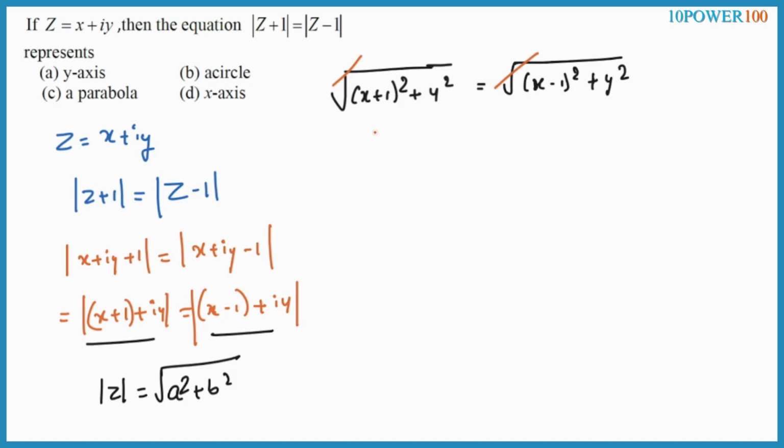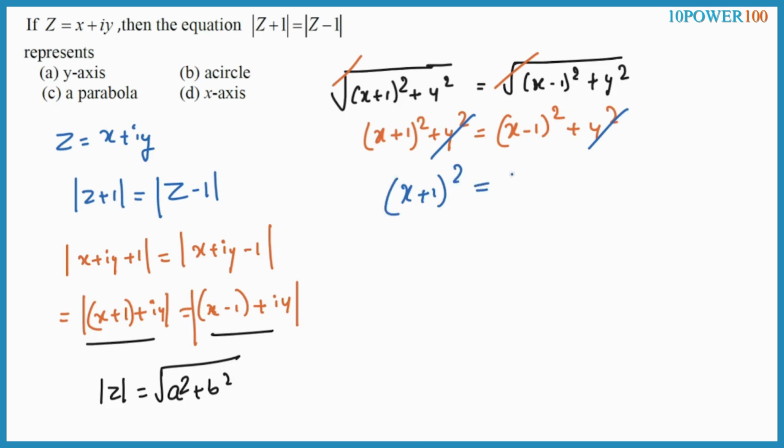The equation that we get after this is (x plus 1) the whole square plus y square is equal to (x minus 1) the whole square plus y square. We can cancel y square and y square. We end up getting (x plus 1) the whole square is equal to (x minus 1) the whole square. Let's expand this.